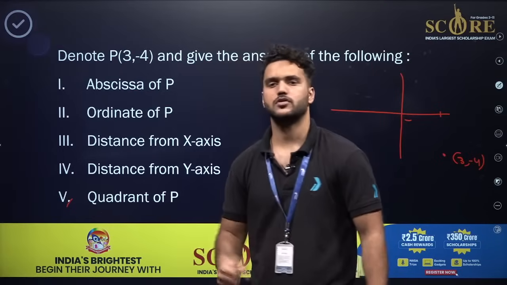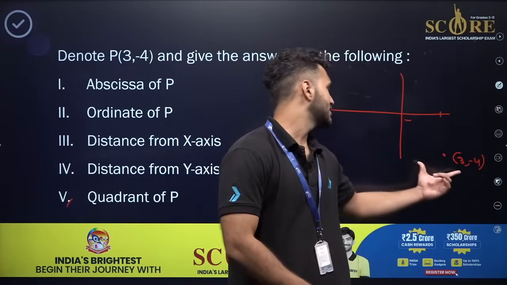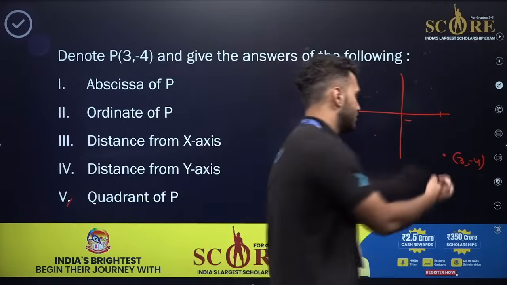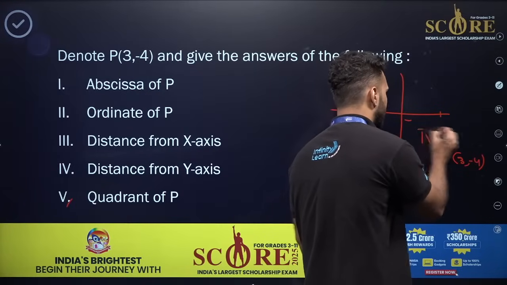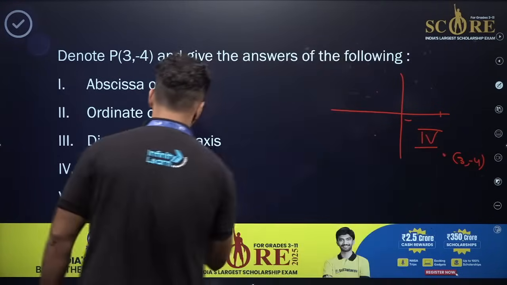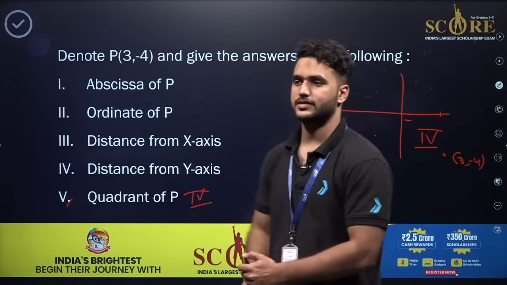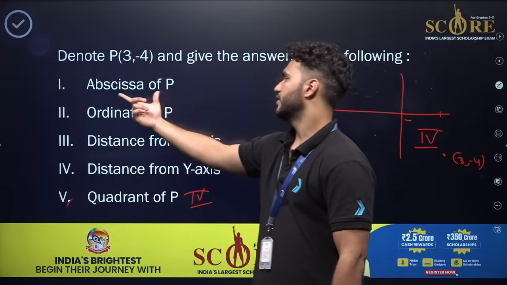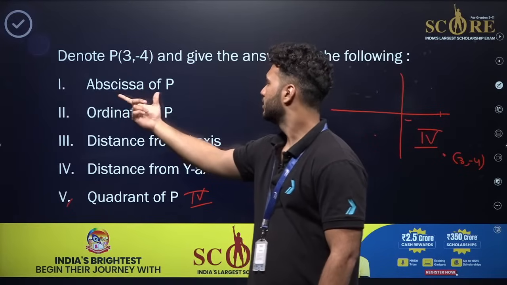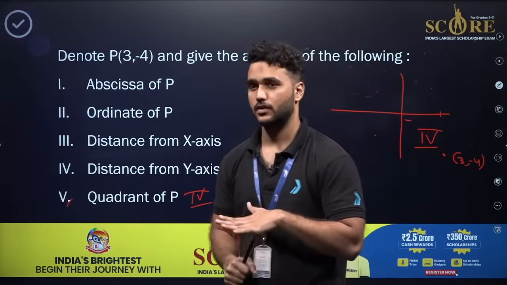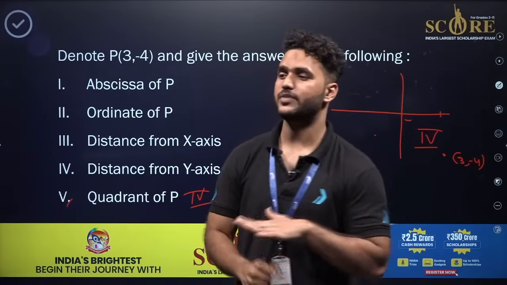We can easily answer the question: quadrant of P. We can easily see 1, 2, 3, 4. This is the 4th quadrant, so the answer will be the 4th quadrant. Now distance from the y-axis. First give me the value of the abscissa of P. Give me the answer.